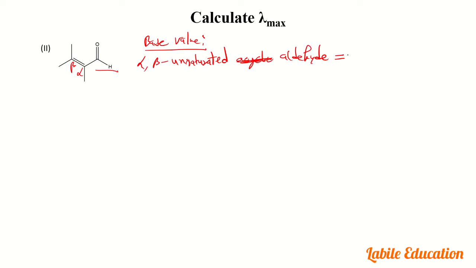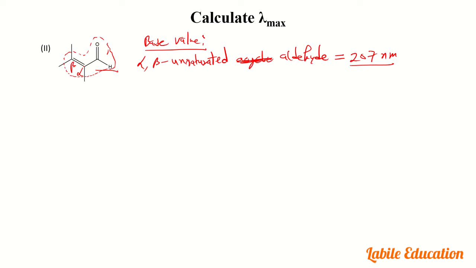The value here is 207 nanometer in the aldehyde case. Now we will mark this conjugated system here, and the aldehyde group is part of this base value.